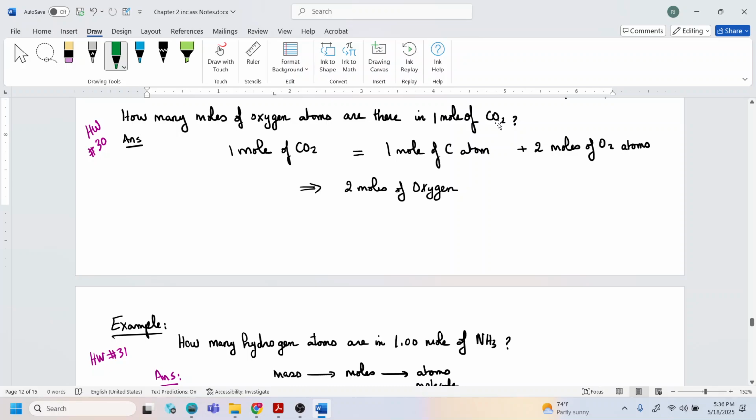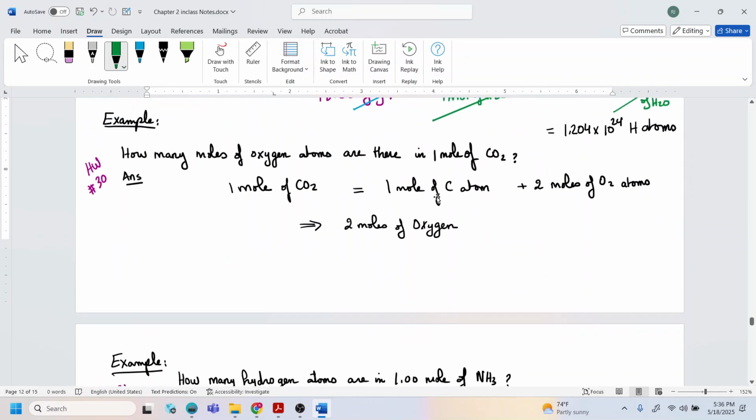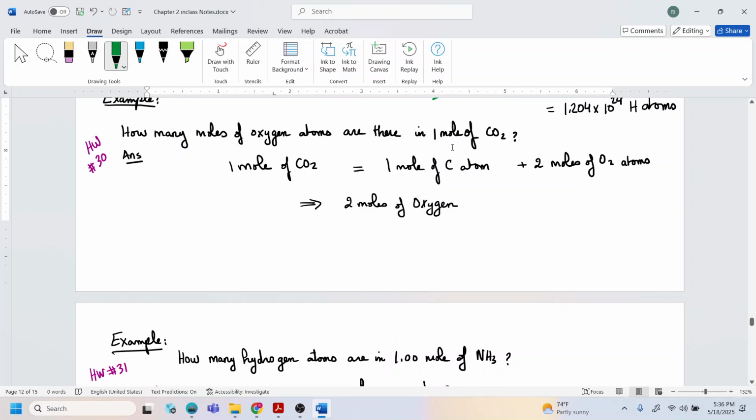It contains actually individual atoms. It contains 1 mole of carbon atom and 2 moles of oxygen atom. This relationship is very important. So when I ask you how many moles of oxygen atoms are there in 1 mole of carbon dioxide, it's actually 2. So you have 2 moles of oxygen. You don't need any calculation for this one. Okay, so I'm given here 1 mole of carbon dioxide.